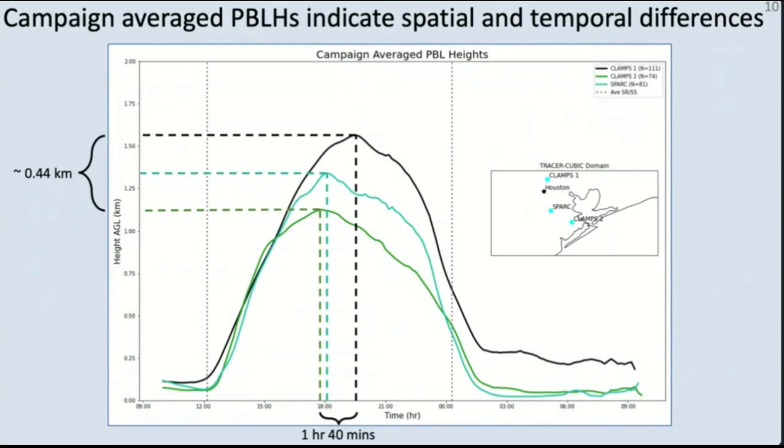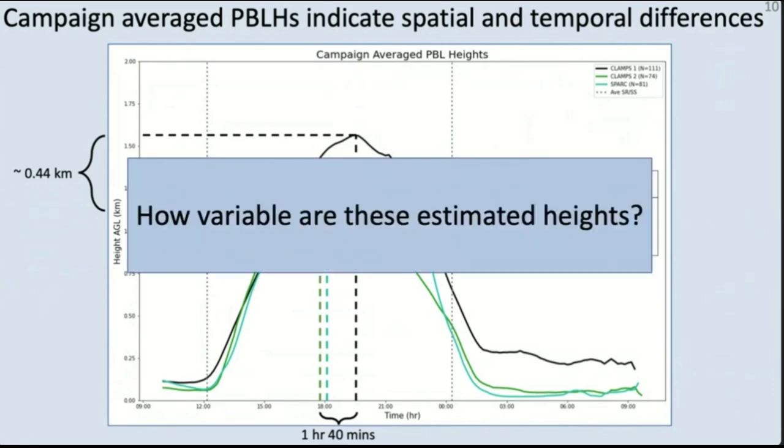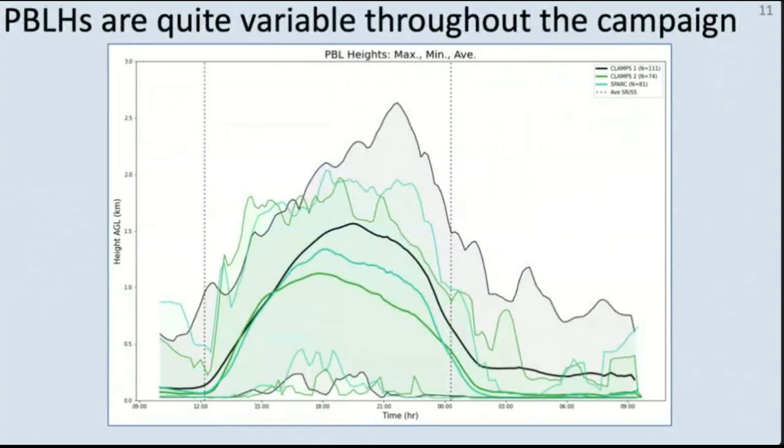Now, looking at these averaged heights can give us some insight into the general spatial and temporal differences, but just how variable can these heights be? To look into the variability, I have here the maximum and minimum heights for each time at each site, which really just gives us a visual of how the spread is throughout the campaign with these boundary layer heights.